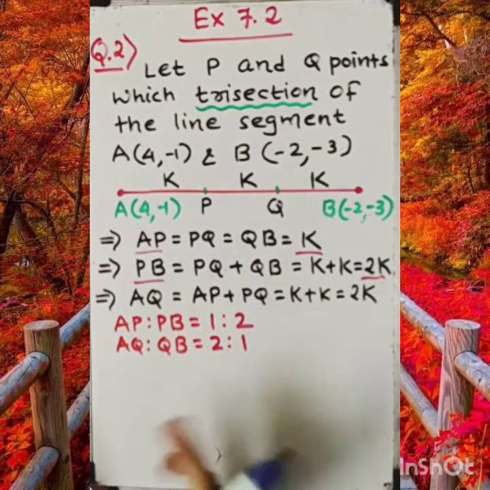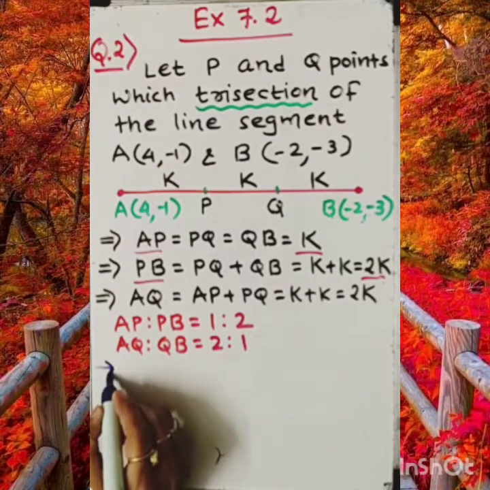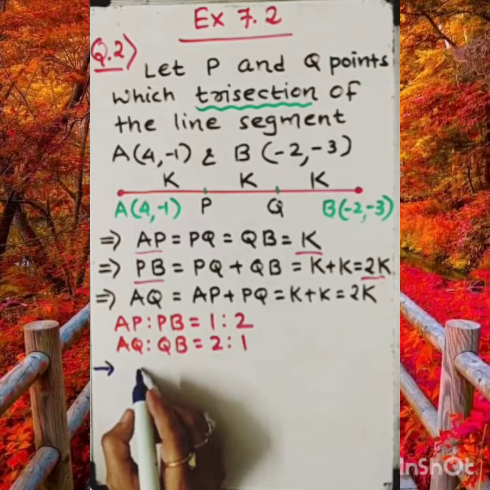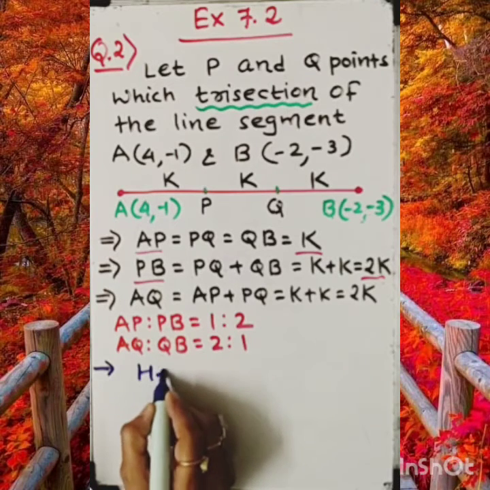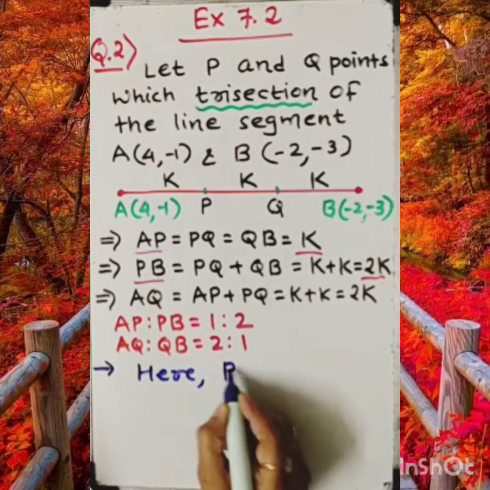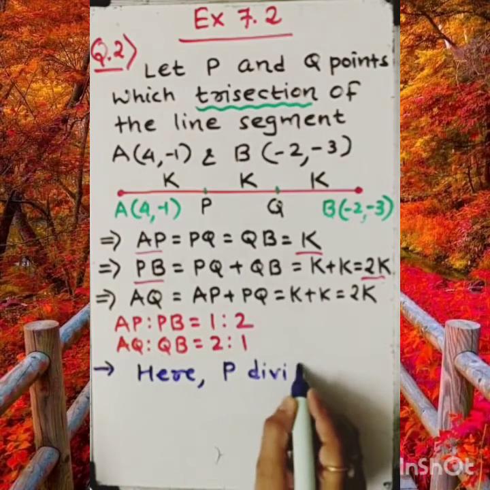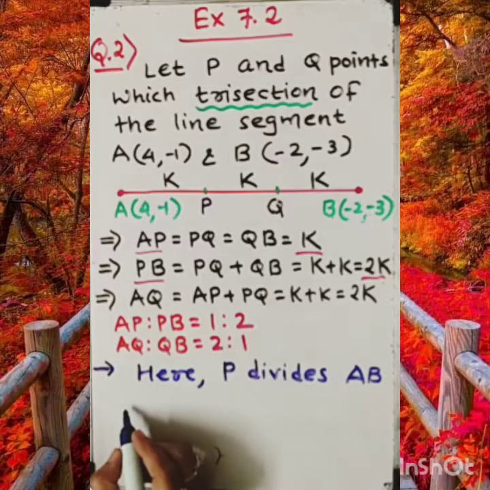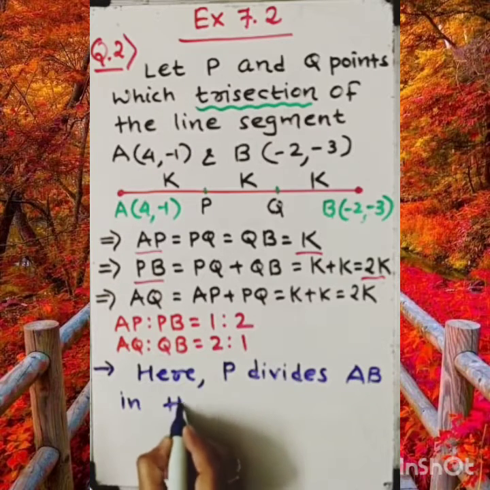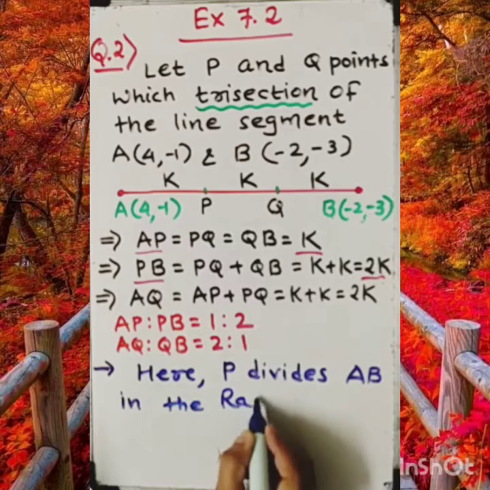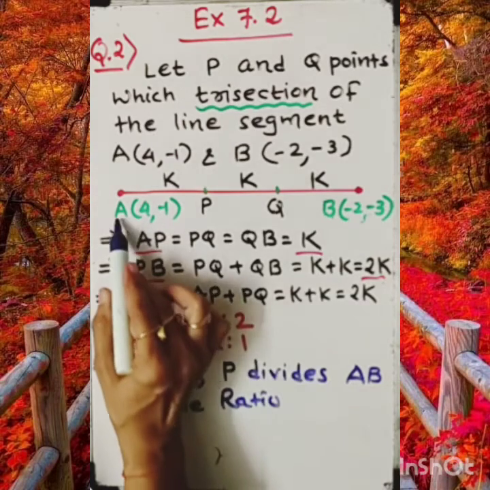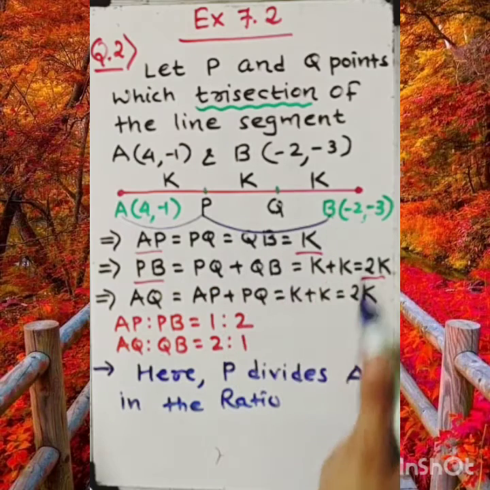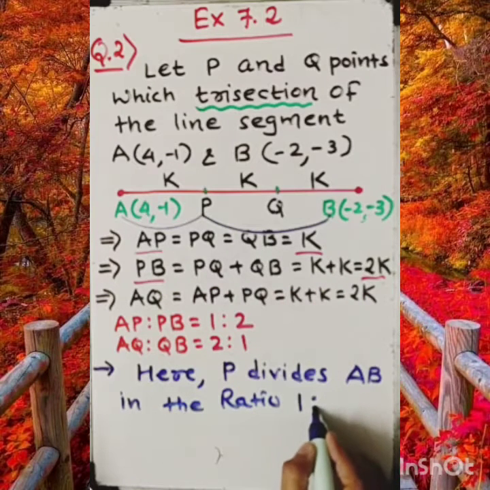I need to mention it in words also for better understanding. Dear student, please note down: point P divides line segment AB in the ratio A to P and P to B, that is 1 is to 2.